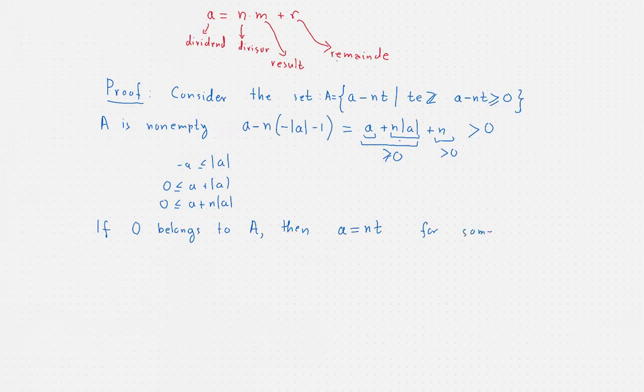Okay, so here we could take T as our M, and then 0, which we can think of here, becomes our R, so we're good here. So we can find numbers like this.